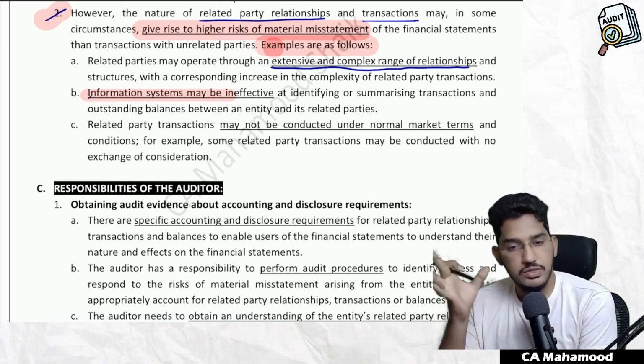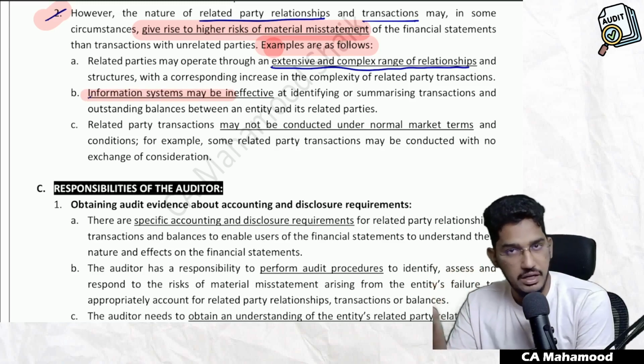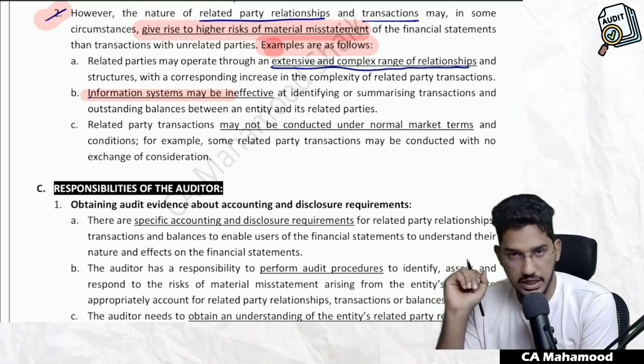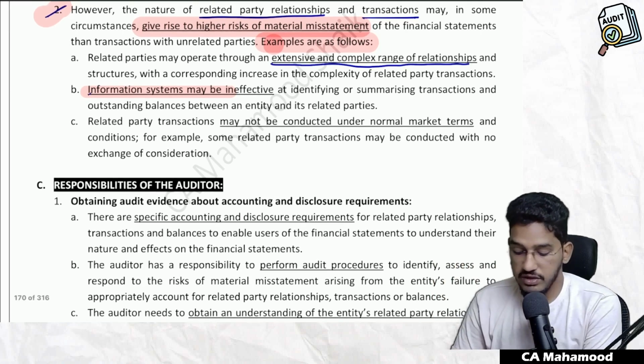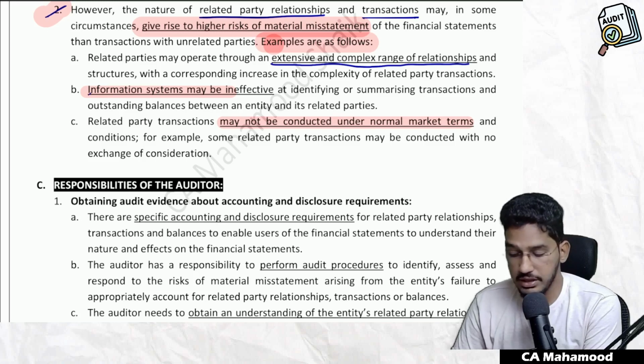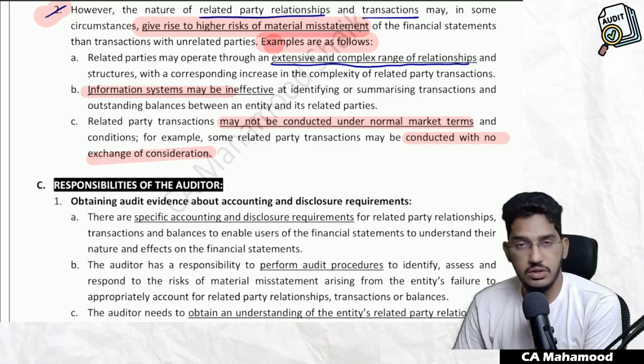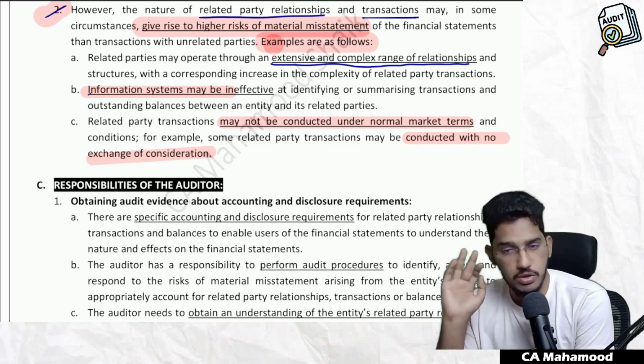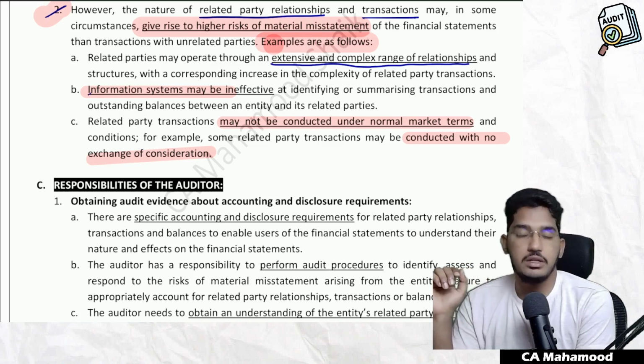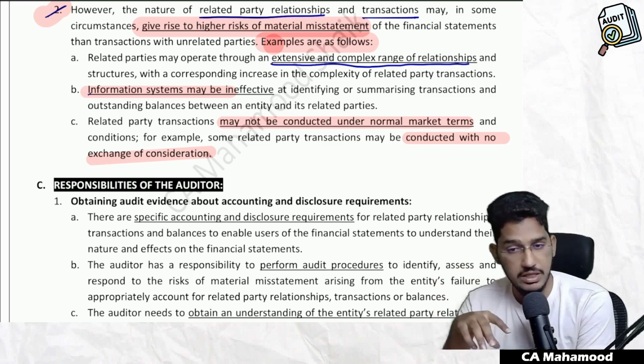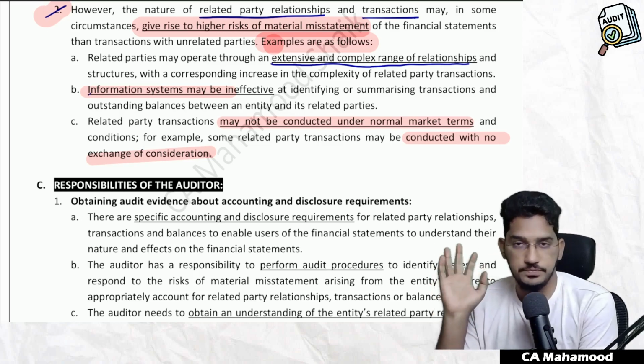When the client is not using a good accounting software for identifying related parties, the risk will be very high. Similarly, the risk will be high when related party transactions may not be conducted under normal market terms and conditions. For example, some related party transactions may be conducted with no exchange of consideration. As I have told, when transactions are not happening as per normal terms and conditions, especially when related party transactions are happening without consideration, the risk will be very high.